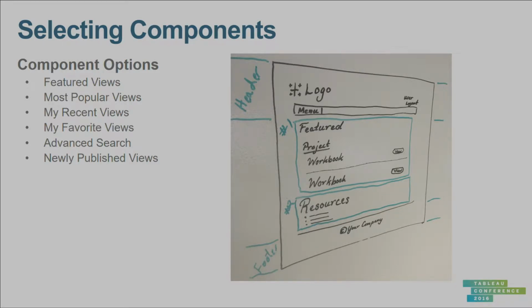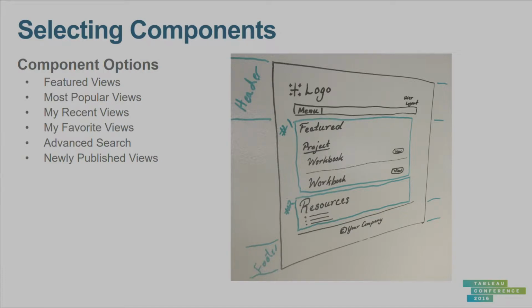Who is looking at what, bubbling up the stuff that is most actively used in the company, and allowing the community to really drive that feature and promote that content. My recent views is for an individual, more like a crumb line. What did I just look at? What did I look at yesterday? A way to go back through things that you've seen. Favoriting views allows you to tag reports that you're going to use on a regular basis, and then it culminates them all into one little area.